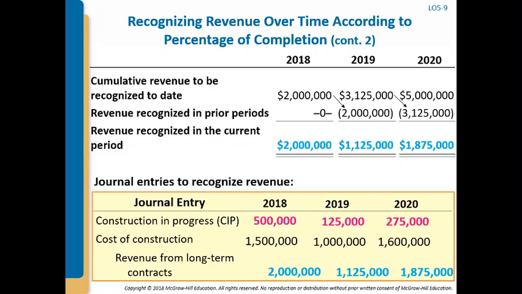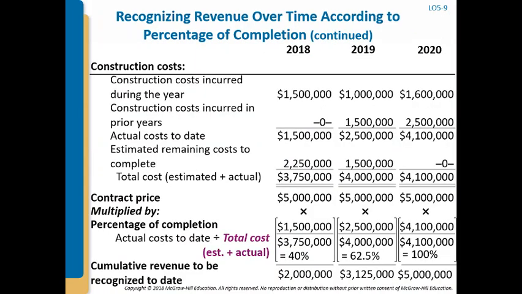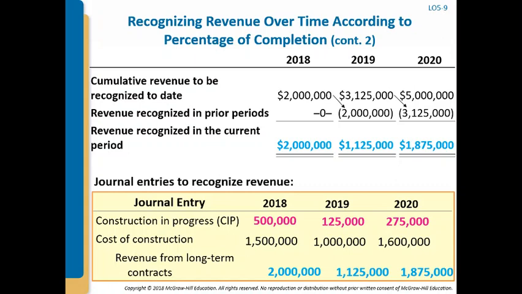And then of course, notice here, let's go back. Notice in that second year, you've completed 62.5%, so 3.125 million is the amount you're going to recognize, but you've already recognized revenue of 2 million in that first year, so you have to subtract that. Okay, so that's what they're doing up here.